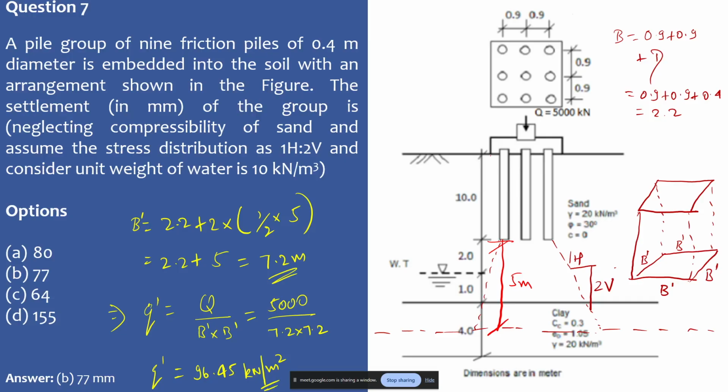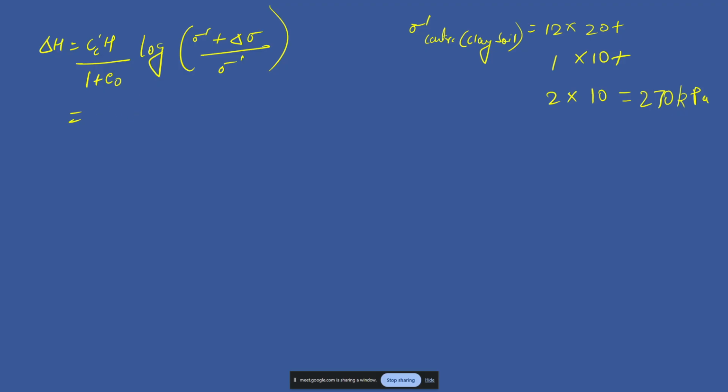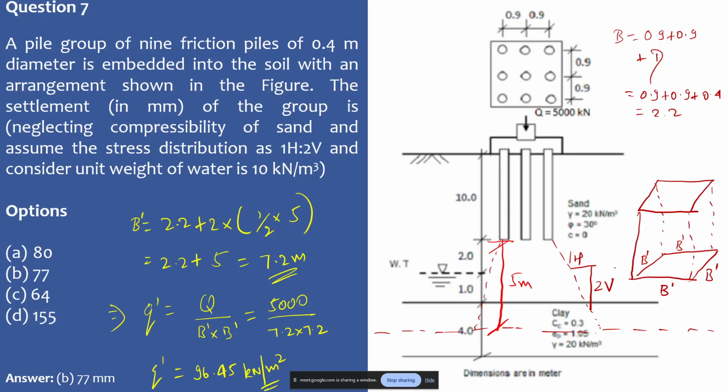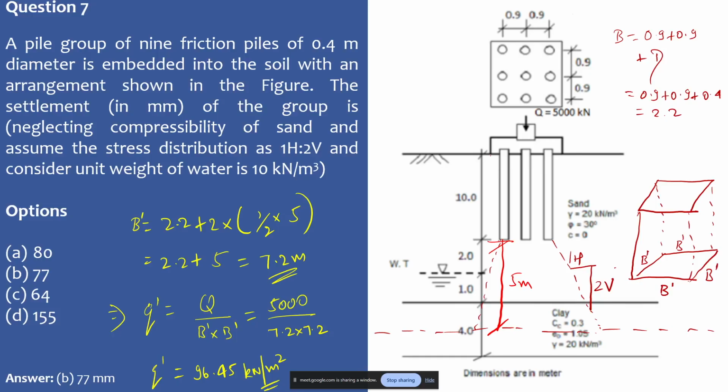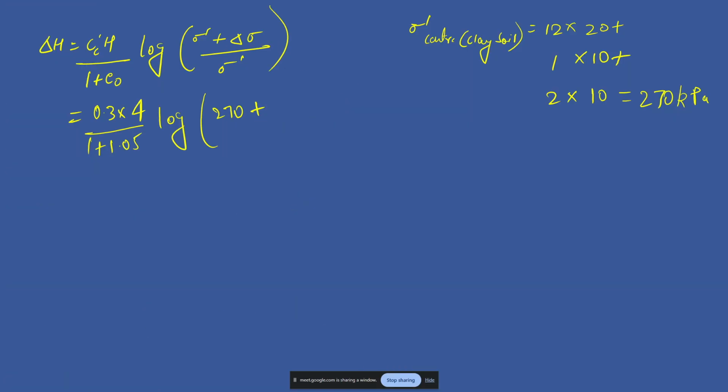Then your Cc dash value is how much? It's 0.3. And your height of the layer is 4 meter, right? Then your e naught value, which is given, is 1.05, so 1 plus 1.05. Then your logarithmic value, sigma dash value is your 270 kPa plus delta sigma, which is 96.45, which you have evaluated.